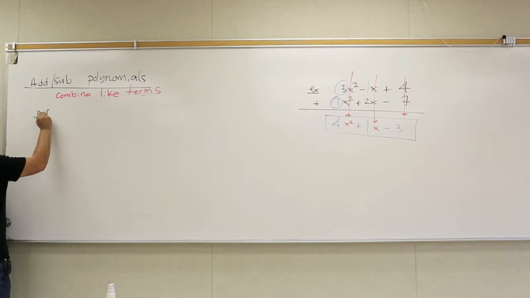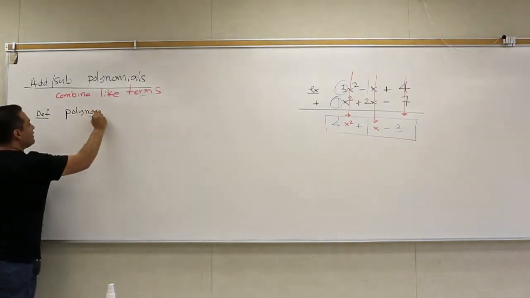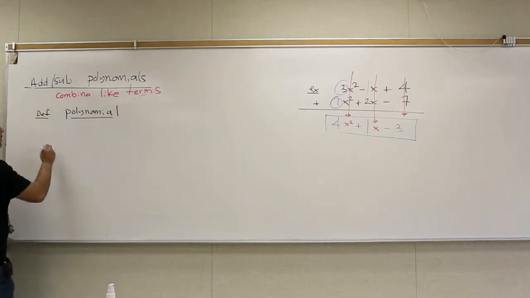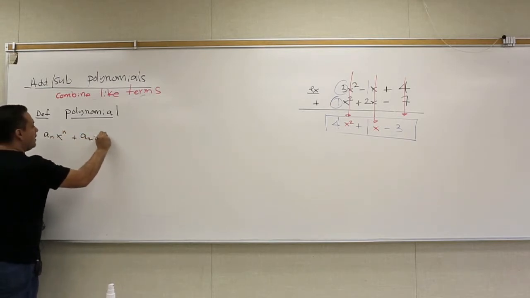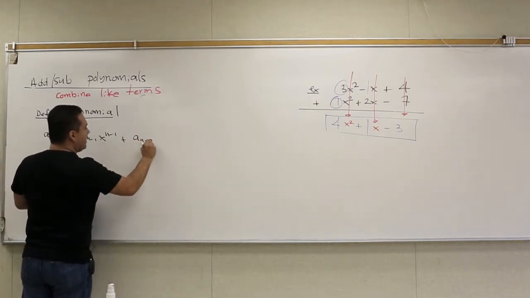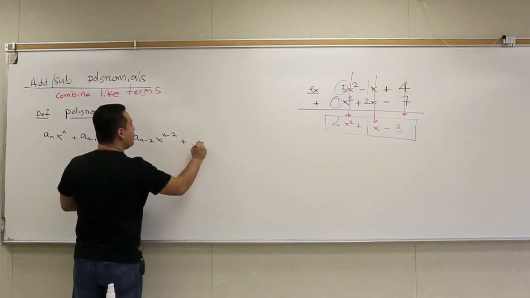So I'm going to give you the definition of a polynomial. I'm going to start off really simple. I know it doesn't look simple, but a polynomial looks like this: a_n x^n plus a_(n-1) x^(n-1) plus a_(n-2) x^(n-2), all the way down to what?